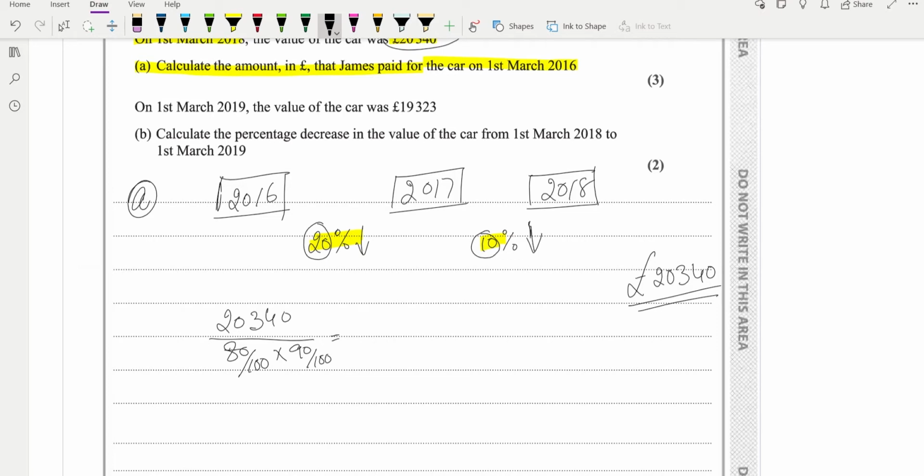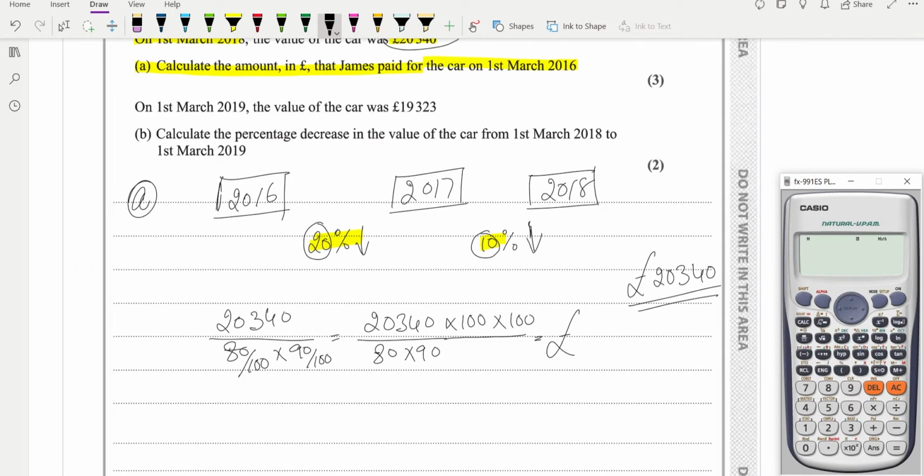Now we can rewrite it as 20,340 divided by 80 and 90, and this 100 will be shifted to the numerator. So we can write it as 100 into 100. And now the rest of the calculation is on the calculator.